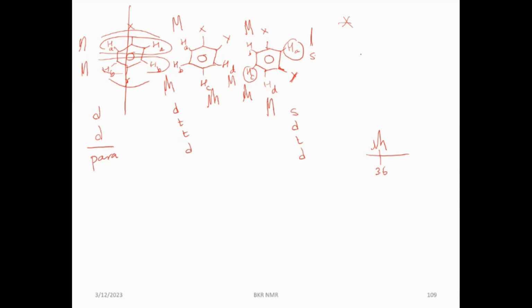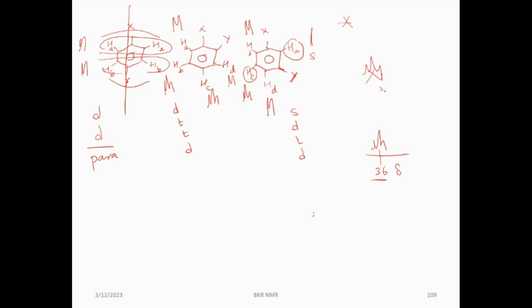So we should not say that the triplet starts here at 3.6. No. The chemical shift value is always given at the center of the multiplet. So 3.6 delta.